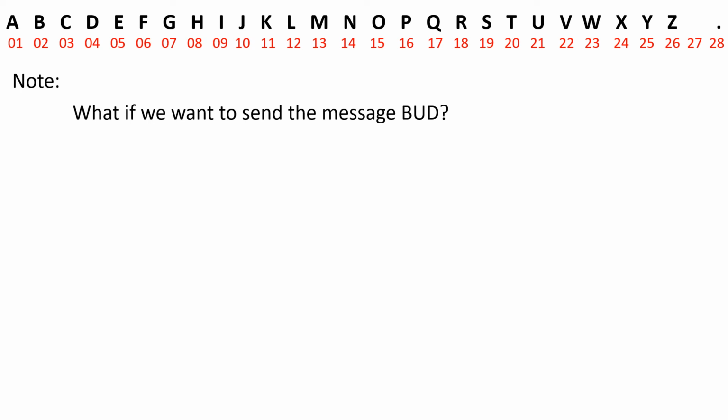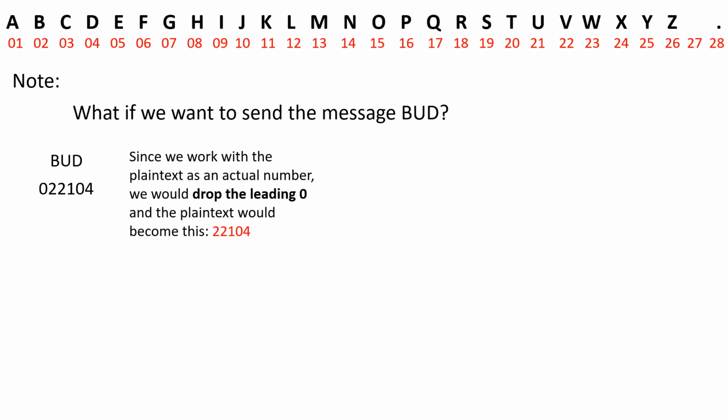But one thing about this type of decoding and encoding is that, let's just say we want to send a simple message, bud, B-U-D. Then let's go through this process that we just did. We could say bud is 022104. That's using the alphabet up there.